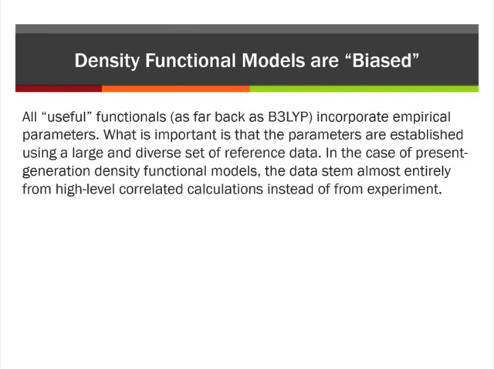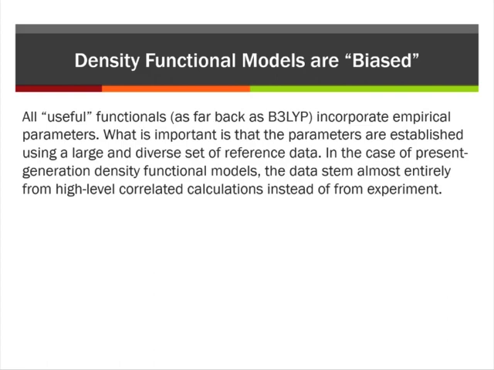Here you don't. Now, the result of this is that people have played a great deal with different functionals, and I'm going to put that in a minute. But the first comment I want to make is that density functional theories are biased. They're parameterized.